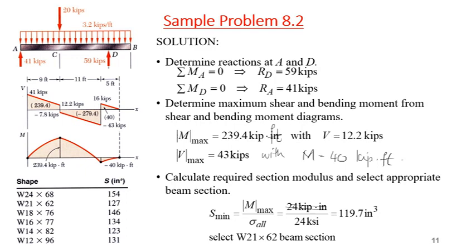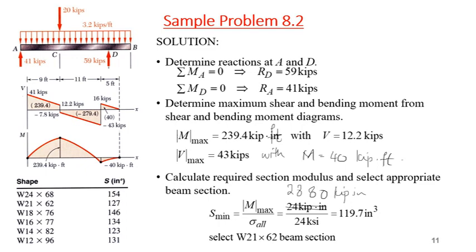So this is 2880. Okay, this will be 2880. This is in terms of kilopound-inch. Okay, now based on that, the section modulus is from Annex C.